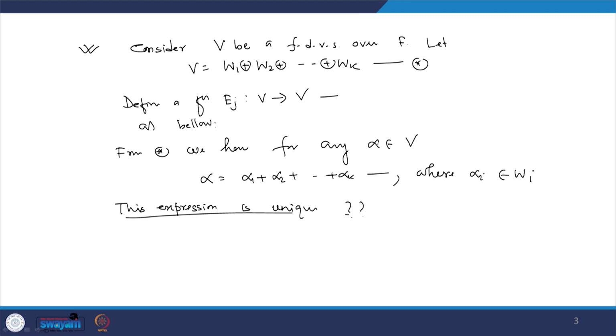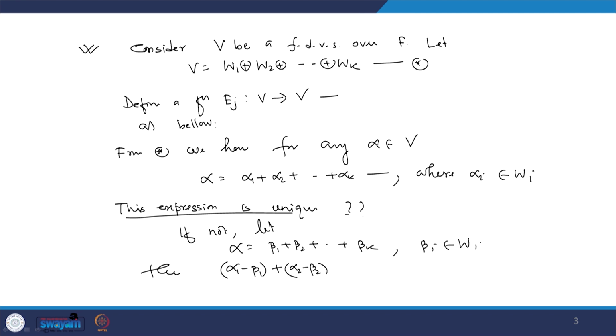Why? Because if not, let alpha also equal beta 1 plus beta 2 plus beta k, then we have alpha 1 minus beta 1 plus alpha 2 minus beta 2 plus alpha k minus beta k must be equal to 0.